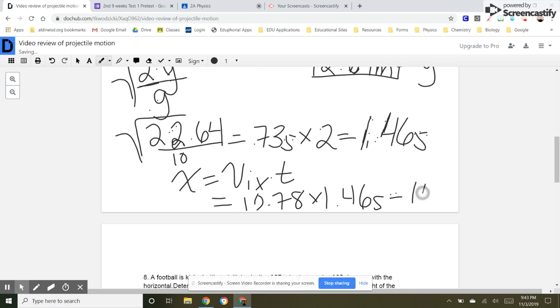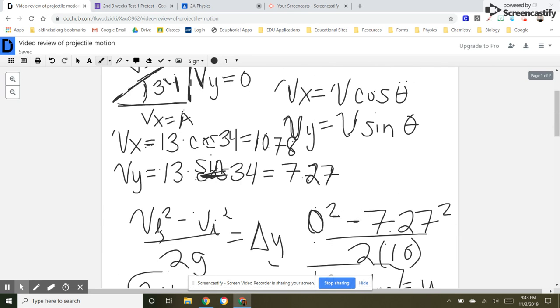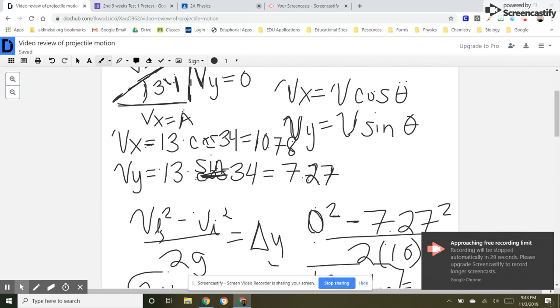And that's about 15 meters or 15.1. Okay, so our range, 15 meters, time 1.46 seconds, and the max height was 2.64 meters.